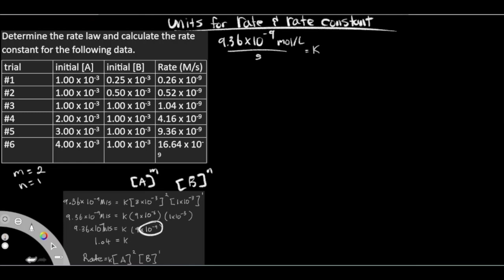Now, in the previous step, it came from this, and it came from this. So if I were to write it out in the previous step, it was 3 times 10 to the negative 3, and this was in moles per liter. So I'm just going to put moles per liter.